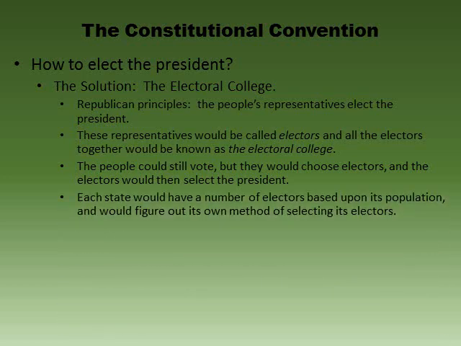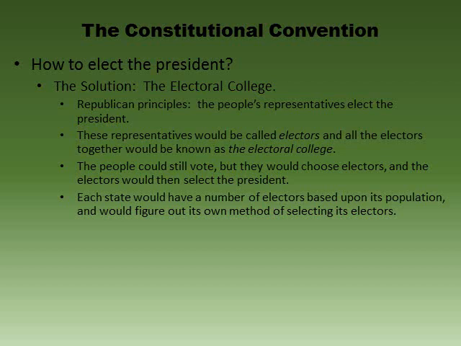Each state would then have a number of electors based upon its population, and would figure out its own method of selecting its electors. And you may be surprised to learn we still use this exact same system today. It operates differently than the Founding Fathers envisioned, and we will look at that more when we talk about elections in a couple weeks. But anyway, this is how it works today.